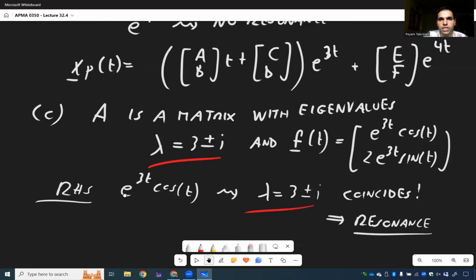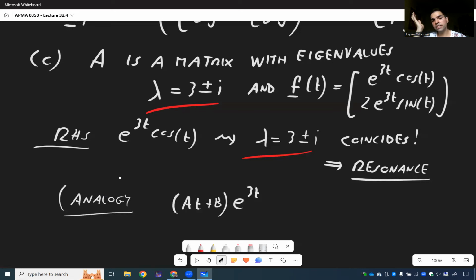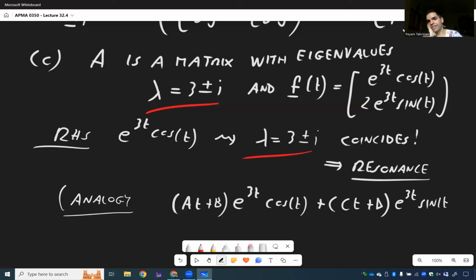Okay, so what did we do here? So again, by analogy, we usually would guess At, with one, again, the correct term, not At, but At plus B, e to the 3t cosine of t, plus Ct plus D, e to the 3t sine of t, except we have vectors.